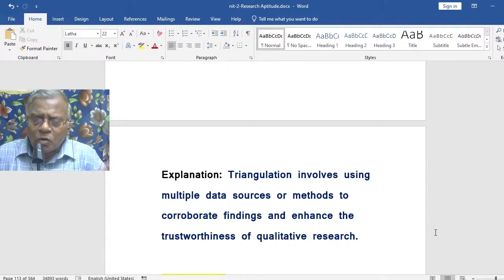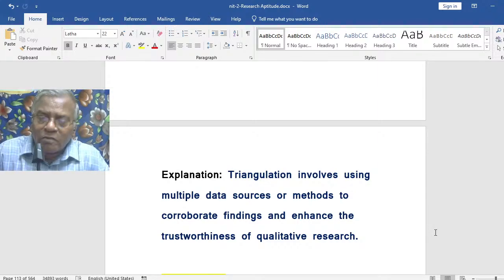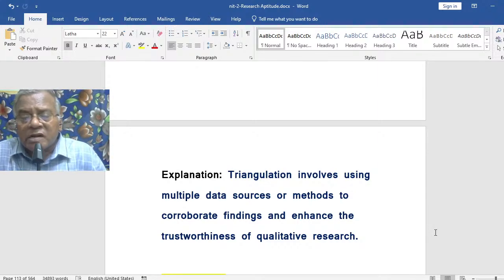So you are using different methods in order to attain more accuracy in research. In other words, the qualitative research becomes more enhanced because of more trustworthiness, validity and reliability. More reliability, more validity happens because of the triangulation method in research.